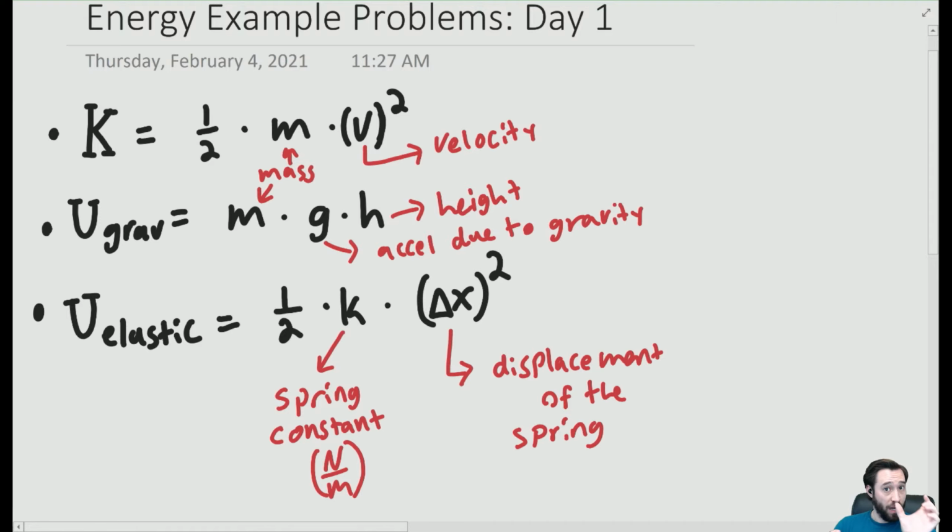So depending on how much it's stretched or compressed, that's the delta X. And I want to emphasize that the X part of this isn't necessarily dictating that it is in the X axis. It's just how we represent the displacement of the spring. Does anybody have any questions so far?